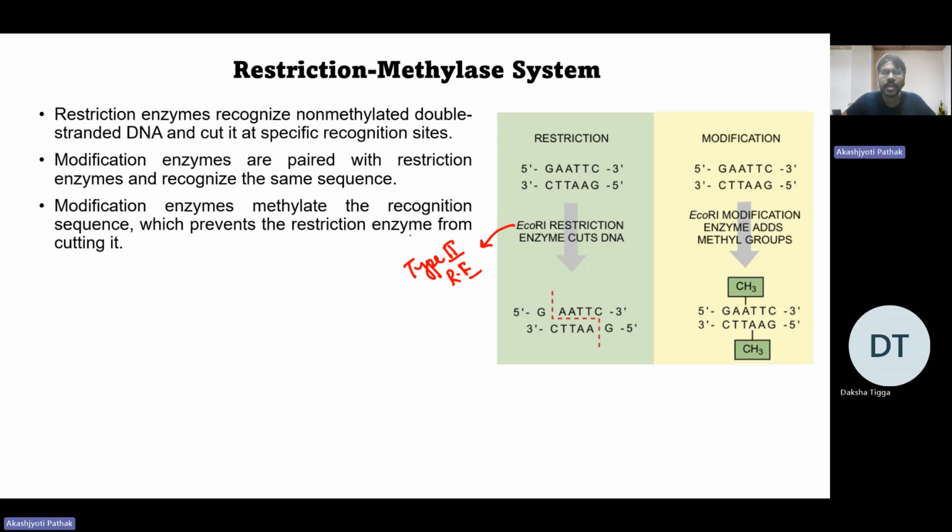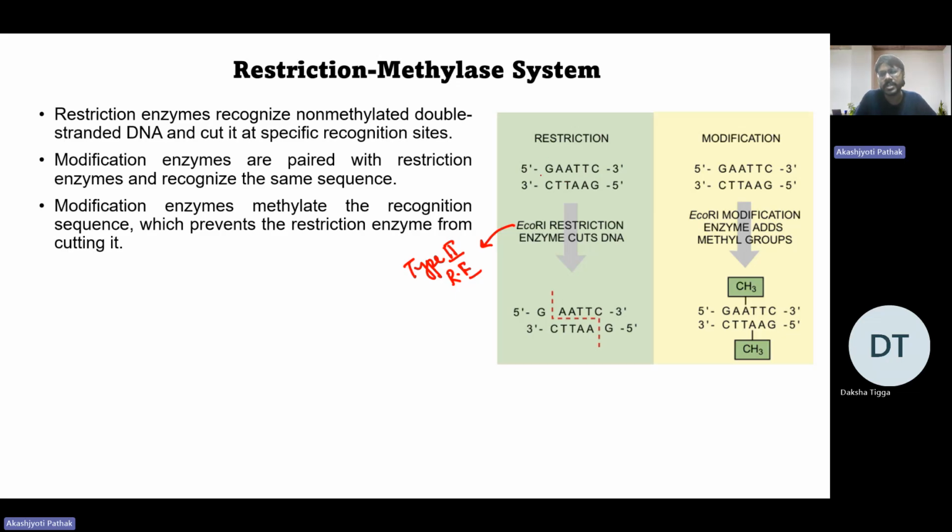Type 2 restriction enzymes have an important property: the recognition sequences that they identify are palindromic in nature. What is meant by palindromic? Palindrome means you read a word from one end to the other end, and vice versa.